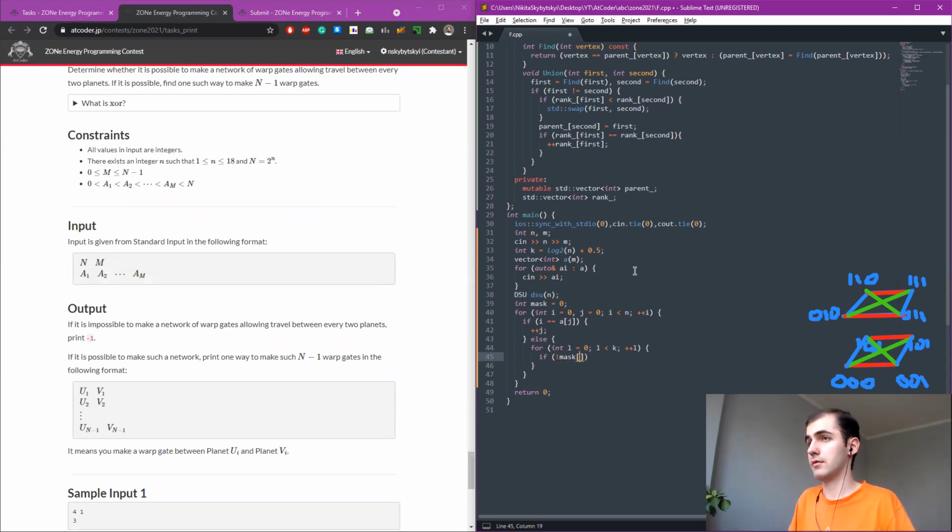I mean, if mask and there's no such bit in mask, so we have to add it, right?